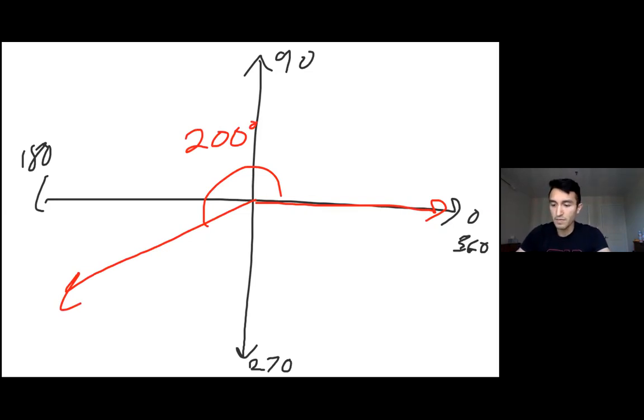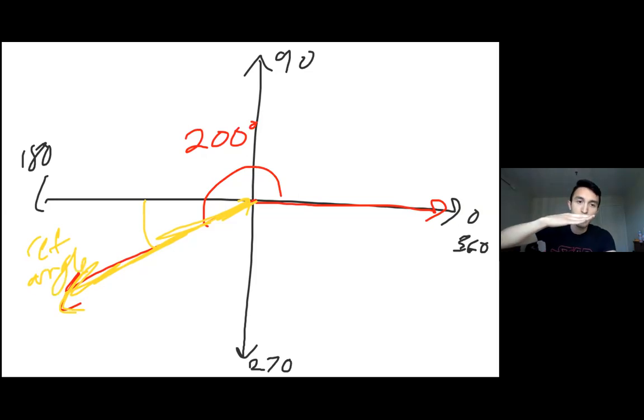I need to look at this terminal side here and make an angle that's less than 90 that goes back to the x-axis. And the only way to do that is to go back to 180, right? So this is my reference angle, okay? And the measure of it is, well, the red was 200. Going back to the x-axis is 180. So it's going to be 200 minus 180. So it's going to be 20 degrees, right?